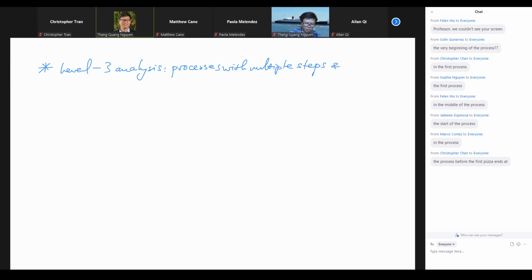And at the same time, we have multiple flow unit types, or FUTs.